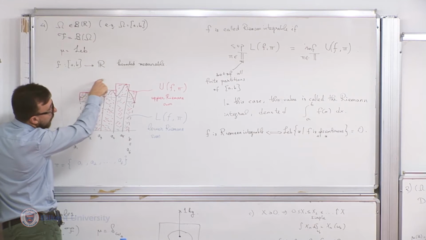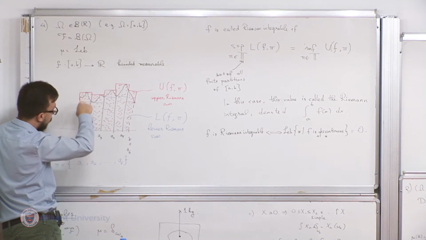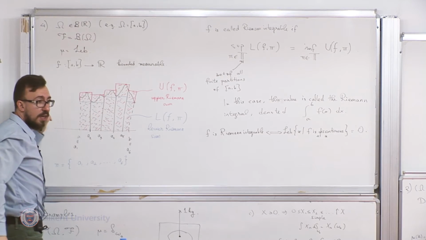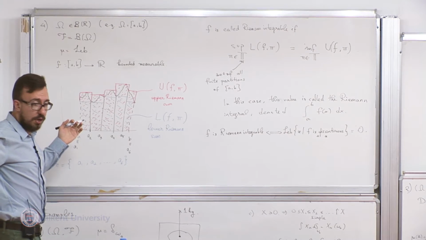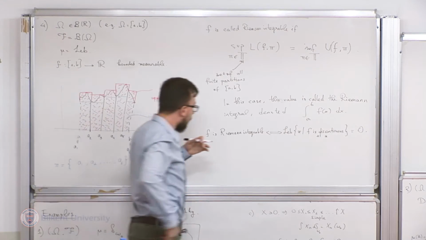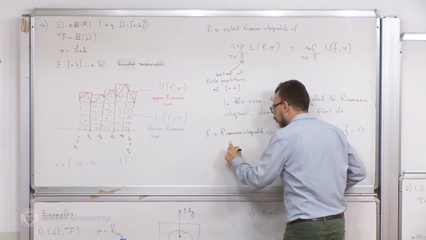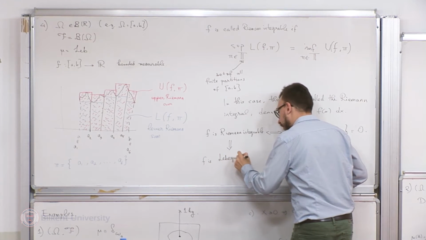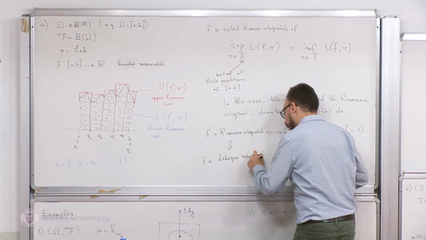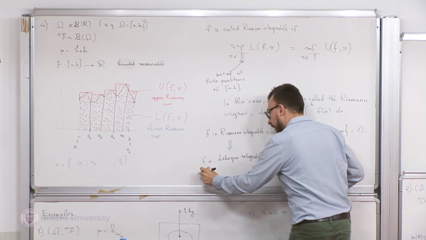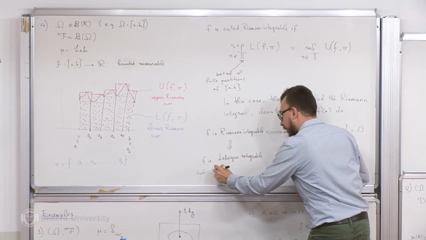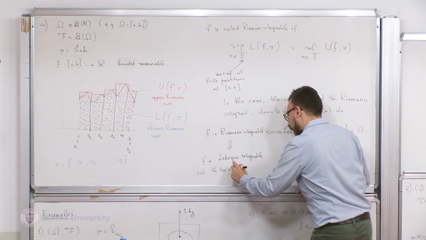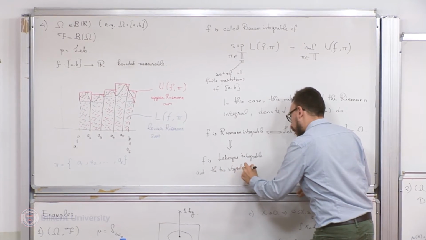And also for the upper Riemann sums, they are also like Lebesgue integrals of simple functions. So the connection is that if f is Riemann integrable, it is also Lebesgue integrable. And the two integrals coincide.